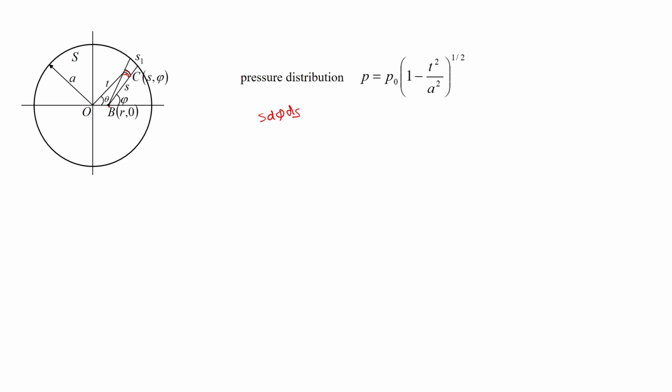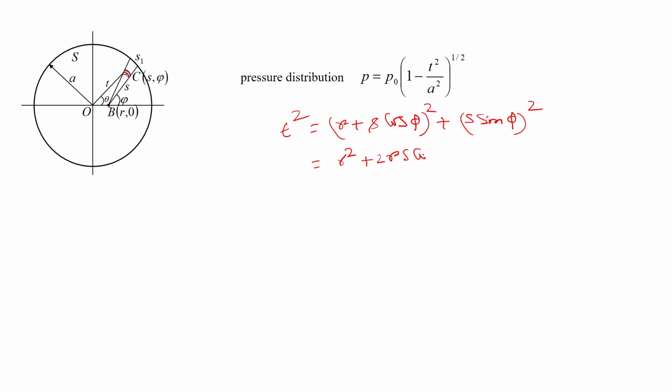That we can do by writing t square equal to, this is r plus s cos phi, whole square, plus s sin phi, whole square, and that is equal to r square plus 2 r s cos phi plus s square. Basically, this distance square plus this distance square is equal to this distance t square, where this is r.